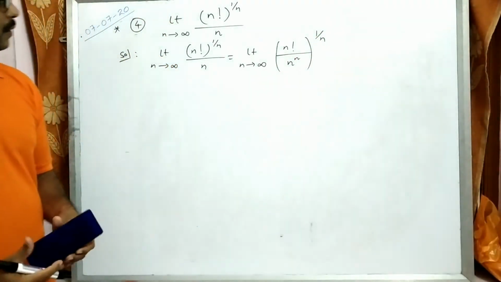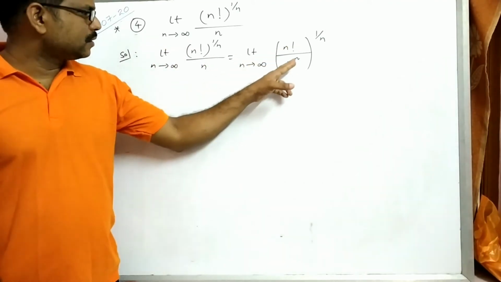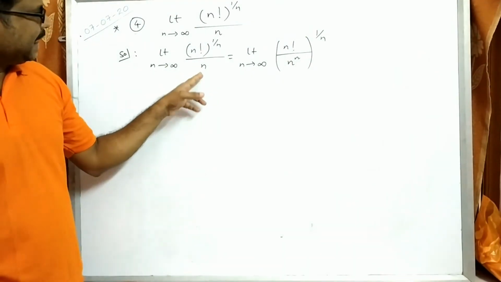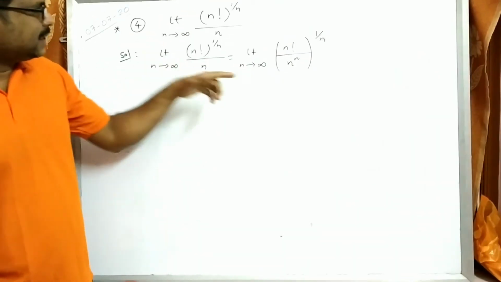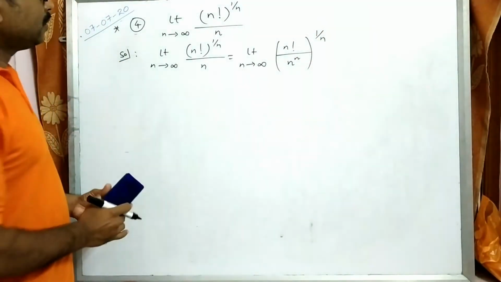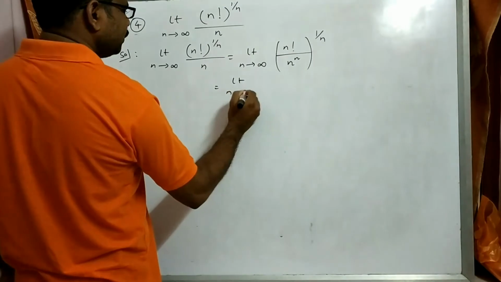Any doubt? This n is taken inside. So n power n into 1 by n will be n only, no? So n I am taking inside. So n factorial by n power n whole power 1 by n. Okay.